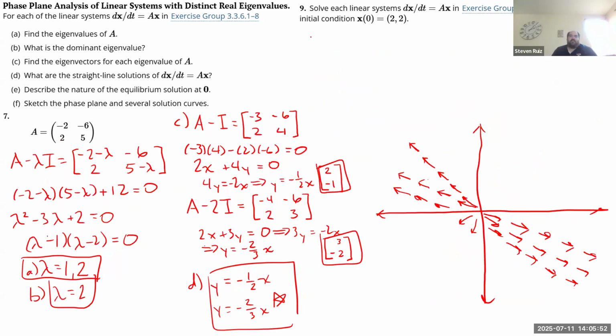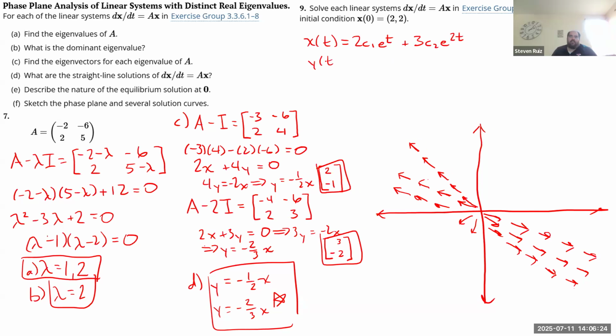All right, so let's solve this one as well. So we can write out the general solution in much the same way. So x of t will equal c1 times 2, so 2c1, e to the, what was the eigenvalue for the first one? e to the 1t, plus 3c2 times e to the 2t, because the other lambda value was 2.